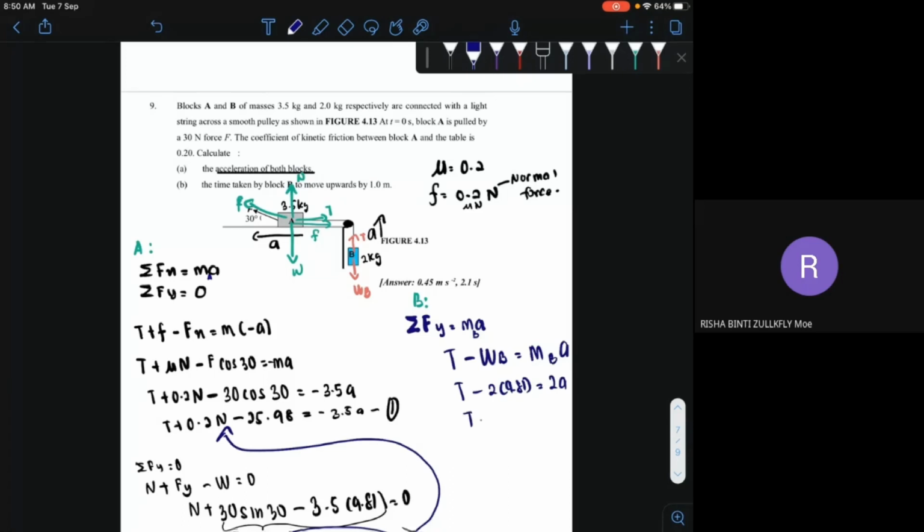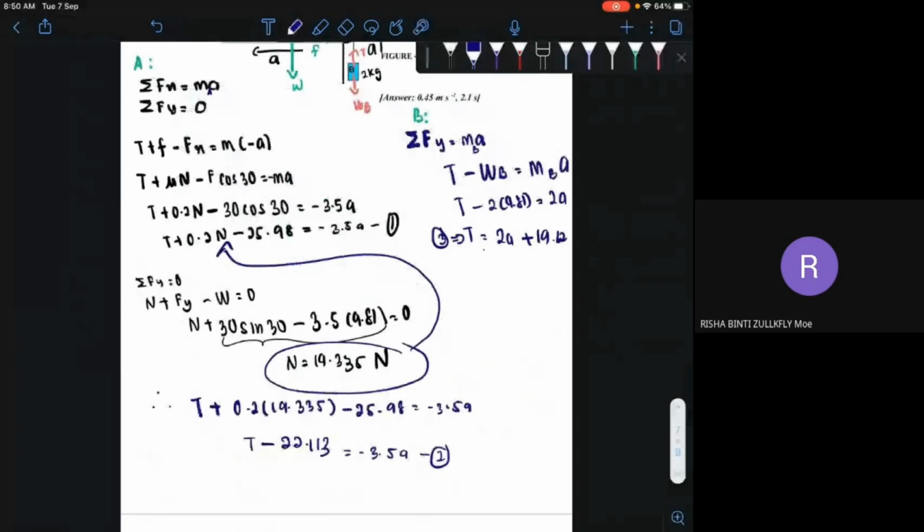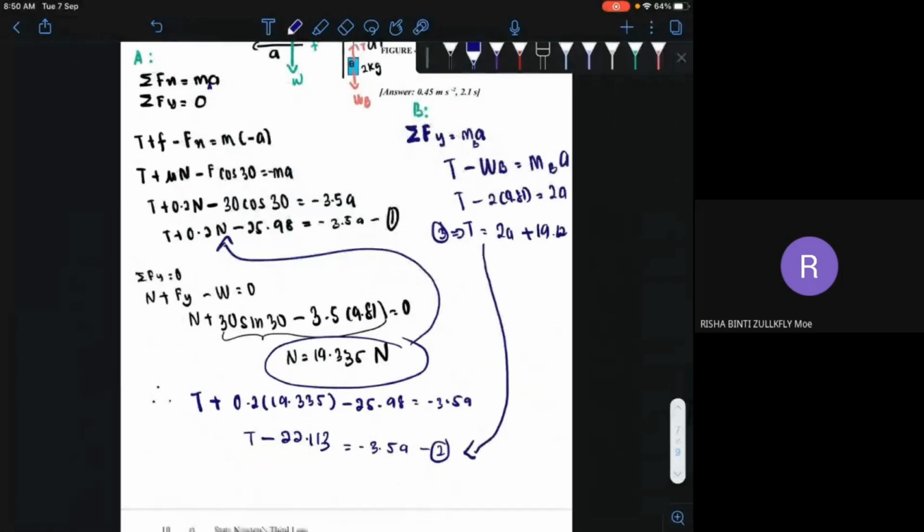So T kamu dekat sini akan sama dengan 2A campur 19.62, where yang ini saya bawa ke kanan, so dia jadi positif. So this is my tension here. So saya akan ambil yang ini masuk ke sini.